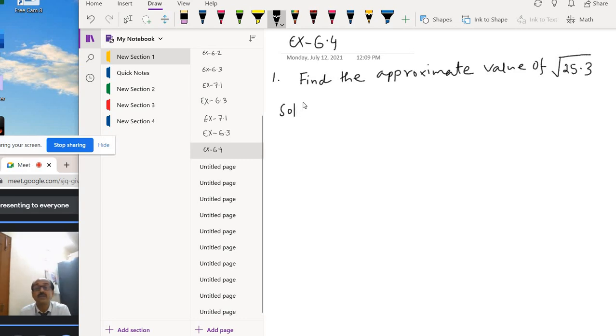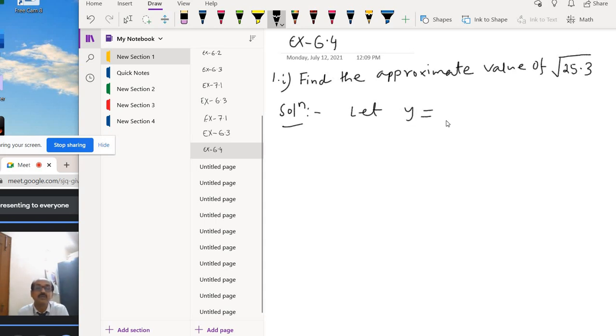Solution. This is part 1. Now let y equal to root x, because the question is under root.